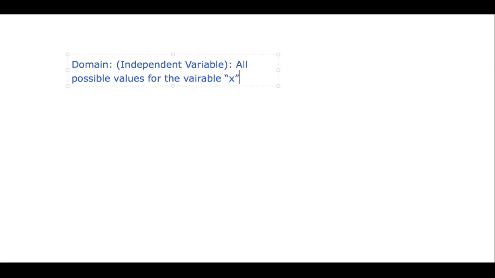It doesn't always have to be, but typically that's what most people use for the variable. And that's what makes domain hard. In our previous problem, I only picked one x value, but remember, a line goes on forever. So that means the domain of our line is all real numbers.